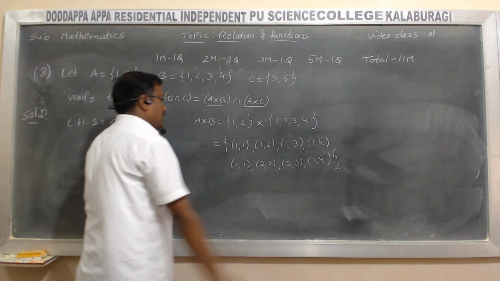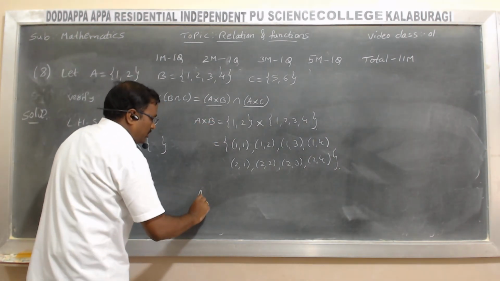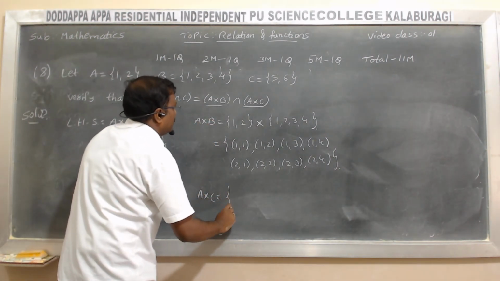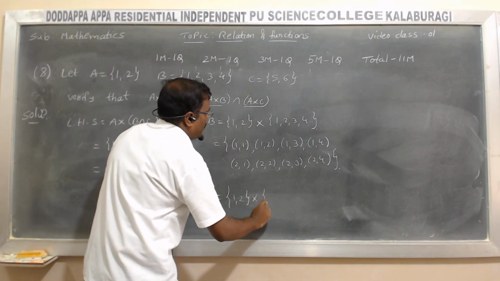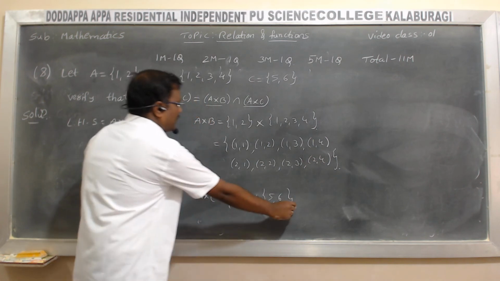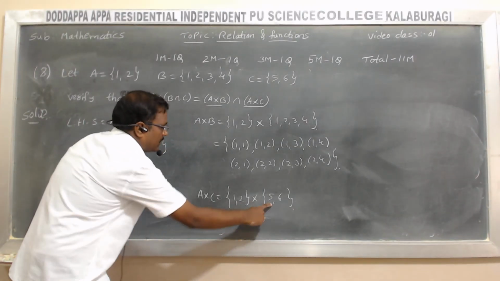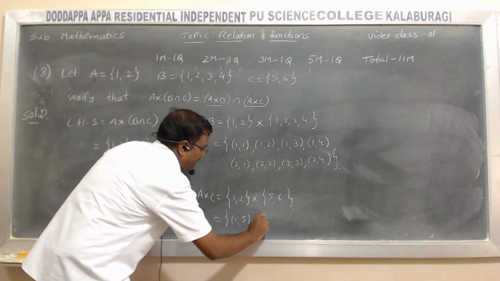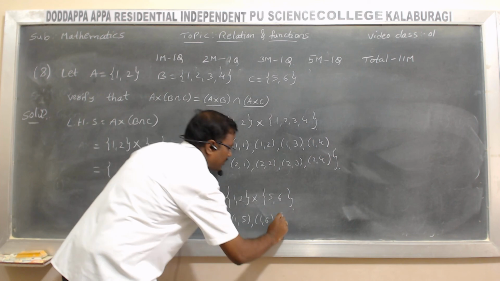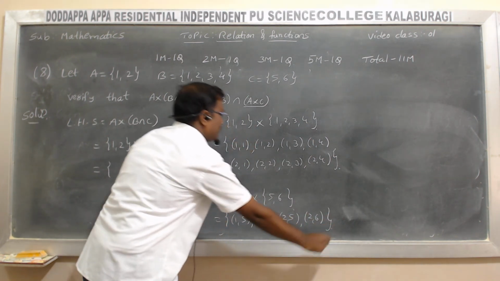So we get the A cross B value. Similarly, you can find A cross C. The A value is {1, 2}, cross the C value {5, 6}. By using the Cartesian product, we get (1,5), (1,6), (2,5), (2,6).